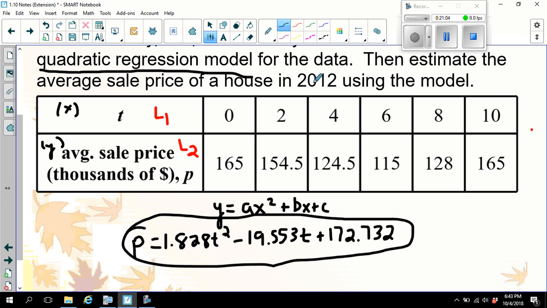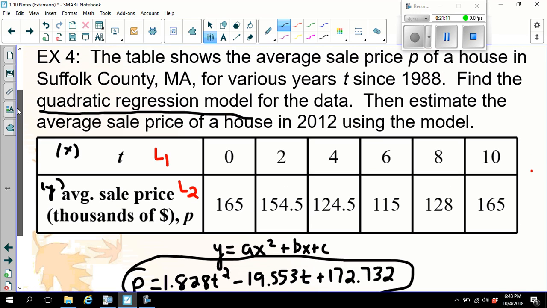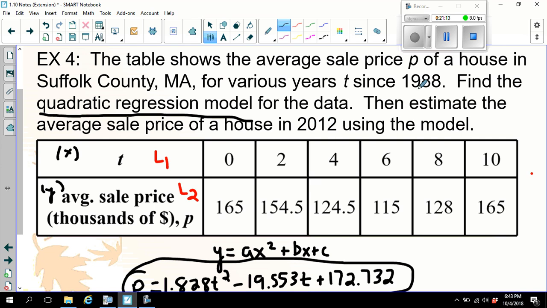That would give us some outrageous price. What we have to do to get our T value is take 2012 and subtract it from 1988. Because remember, T represents the years since 1988. So we're going to see how far 2012 is from 1988.